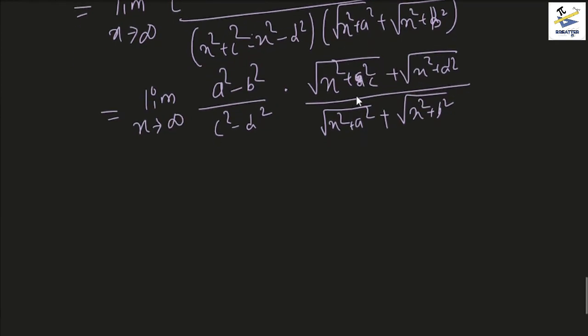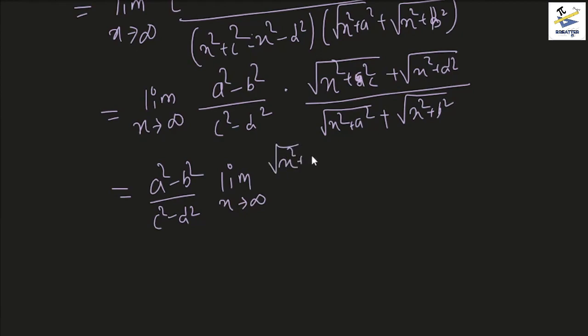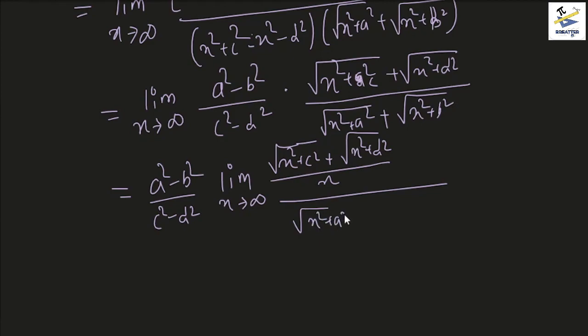Now we divide up and down by x to get something. So firstly we can take the constant out, and then we can divide up and down by x to get the following: root over x square plus c square plus root over x square plus d square, whole by x, divided by root over x square plus a square plus root over x square plus b square, whole by x.